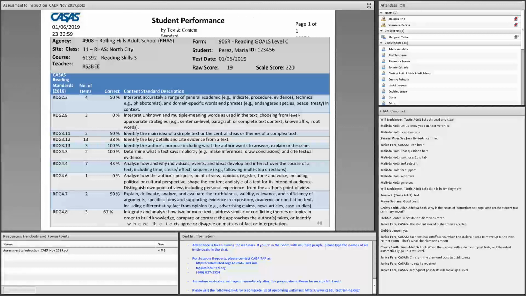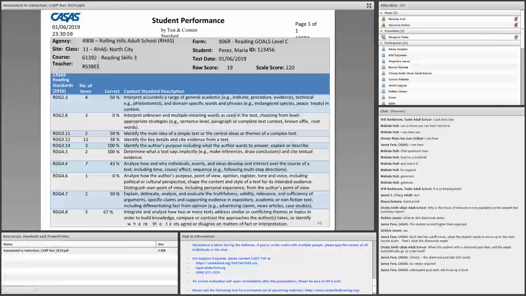How many test items had different content reading standards, and then what percentage she got correct. On this one, she has a weakness here for reading 2.8, which is interpret unknown and multiple meaning words in text. Things like root words, affixes.